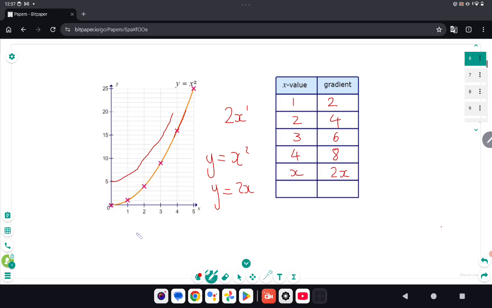If we differentiate y equals x squared plus 5, the gradient would stay the same. It would just be 2x. So the gradient function would be 2x. That's our formula to find the gradient. So if you have a constant term, you can just ignore that when differentiating.